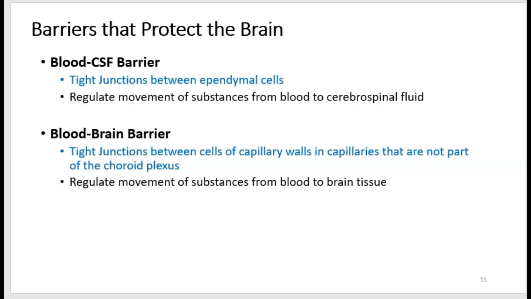But there's another barrier that protects the brain called the blood-brain barrier. It consists of tight junctions again, but in a different location. These tight junctions exist between cells of capillary walls in capillaries that aren't part of the choroid plexus. These tight junctions again regulate what substances the brain would be exposed to.